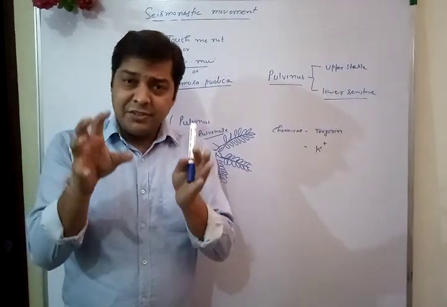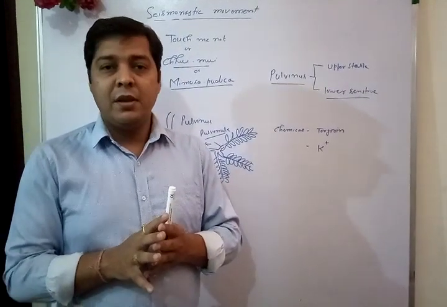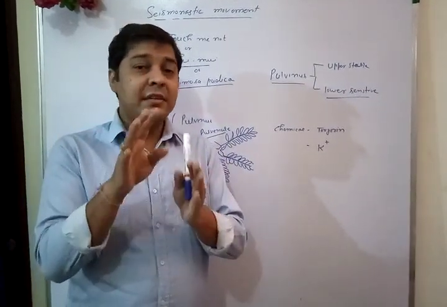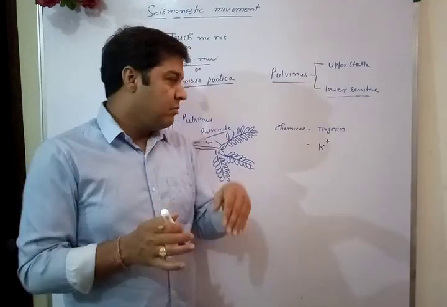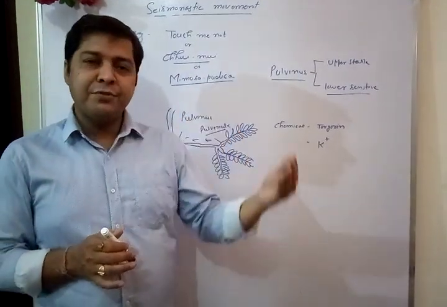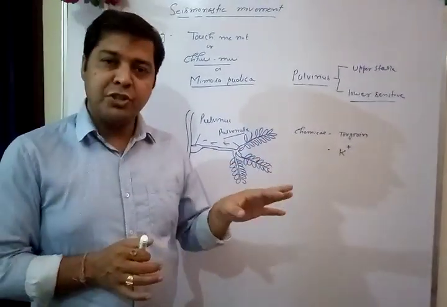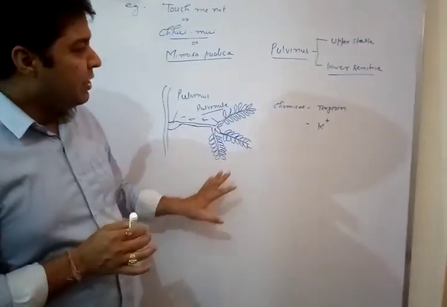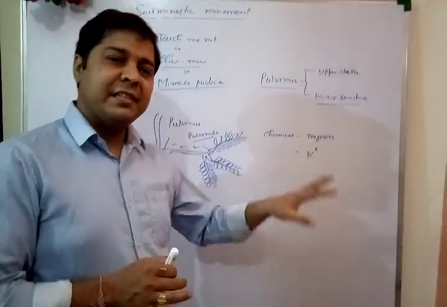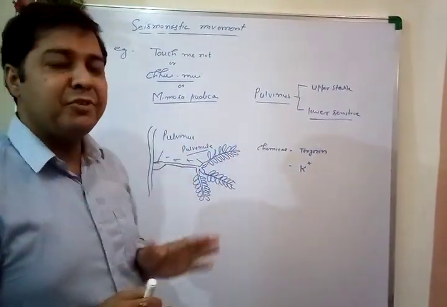But this takes some time, because movement of water takes time, so it may take a minute for the leaves to come back to their former positions. So this is the mechanism taking place inside the Mimosa pudica, the touch me not.